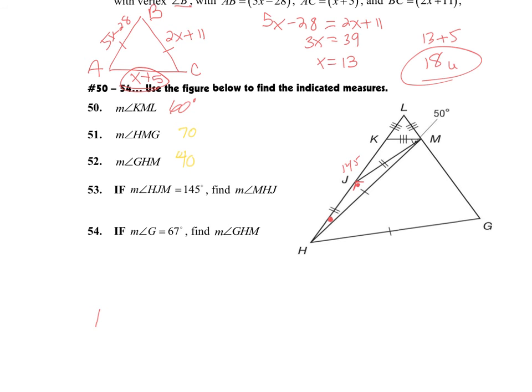So I would need to take my 180 of my triangle sum, and I'm going to subtract out 145. And then when I get that, I'm going to have to divide that by 2, because I take the triangle sum, I subtract out the vertex angle, and then I have that amount of measurement left to split between the two base angles. And so that measurement is going to be 17.5 degrees. And so that's the measure of angle MHJ.